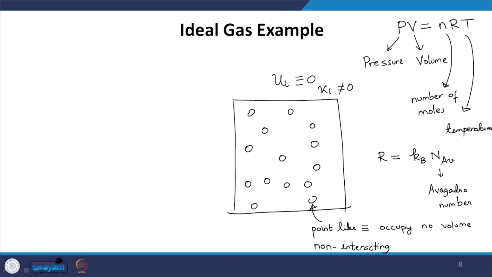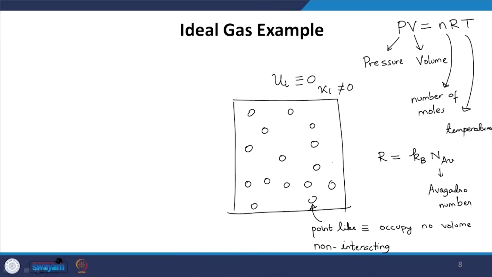The kinetic energies are there, and of course, as the molecules collide, they transfer momentum. So, the kinetic energy of every molecule can be different, and there can still be a distribution of velocity in the system, but there is no potential energy, so to speak.